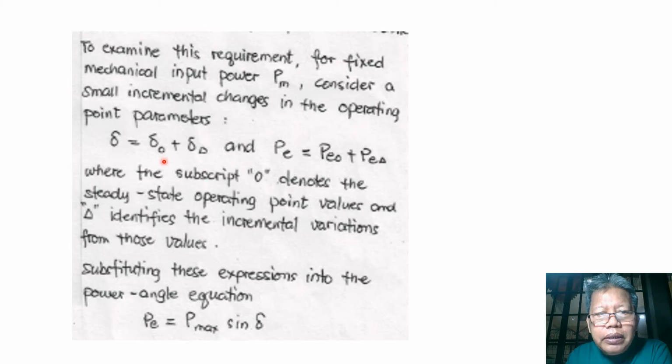Delta O here is the initial operating point of our generator, and then there is a small disturbance causing a change in the angular displacement of the rotor of the generator. So we call this delta delta.